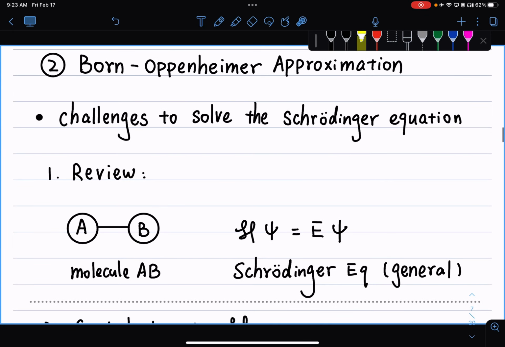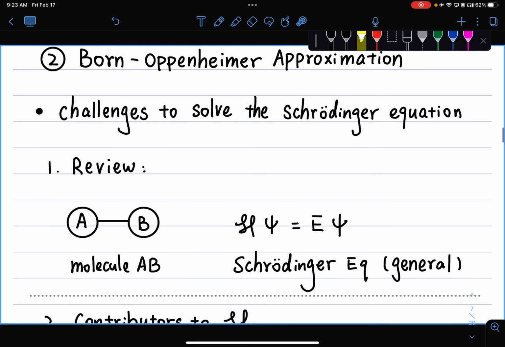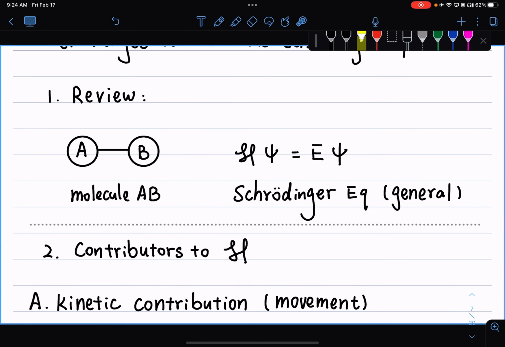And now let's move on to talk about the Born-Oppenheimer approximation. This one I'm just going to quickly touch base on. It's not a complicated idea. The need here is that we're talking about an approximation that is required for us to solve the Schrodinger equation. Remember, imagine we have a molecule A and B, just random atoms bonded together.